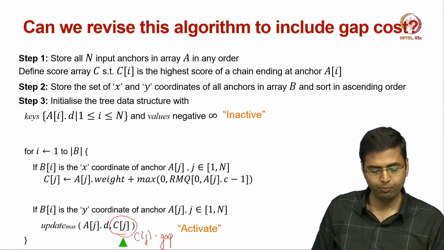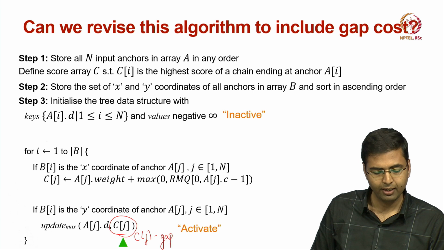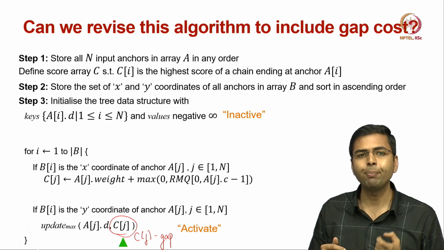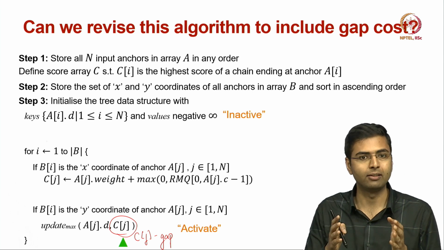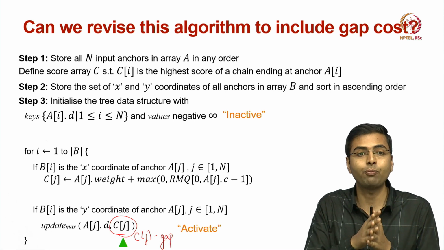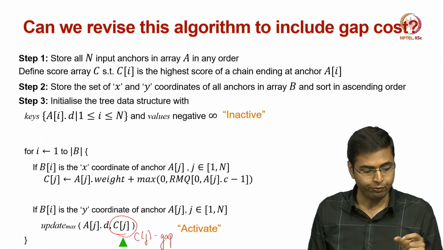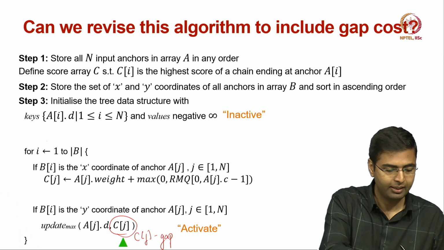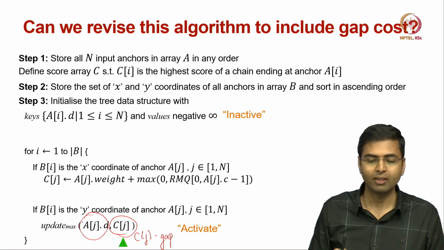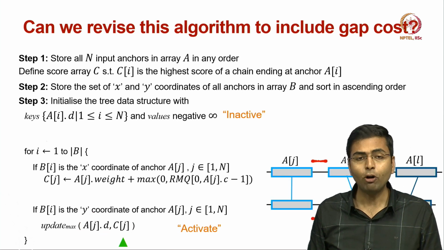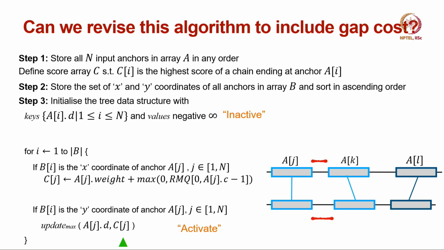Well, there is an issue here, because remember the gap is a quantity that depends on two anchors. So, gap is some quantity that is defined between two anchors. If I want to set the priority of anchor Aj, then unfortunately the gap depends on the second anchor as well. For example, if I am considering anchor Ak, then the gap would be defined based on the distance between these coordinates.